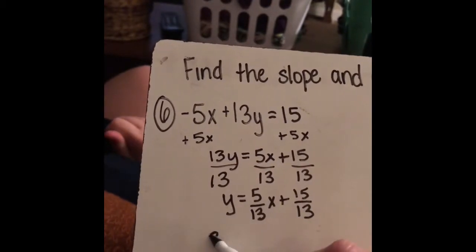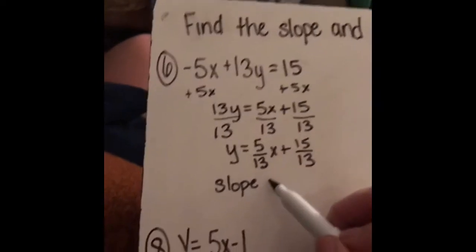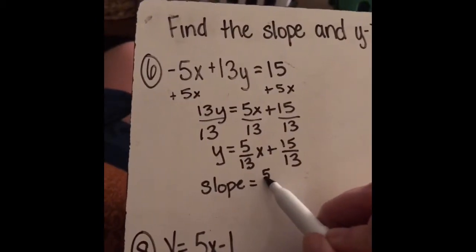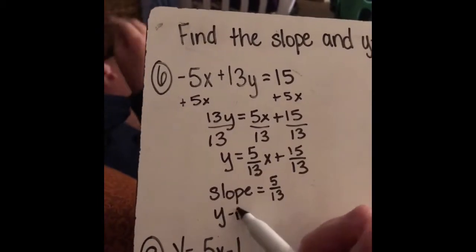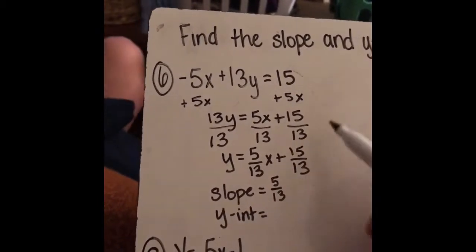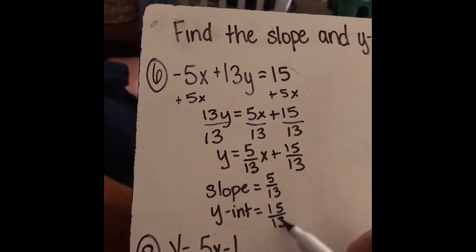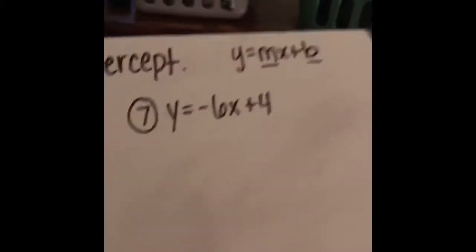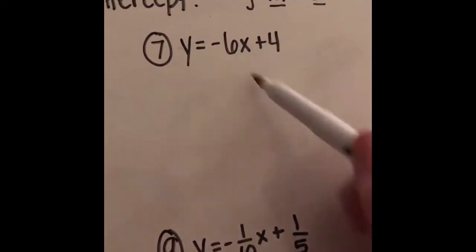So your slope is 5/13, and your y-intercept is 15 over 13. Okay, here this is in the y equals mx plus b.